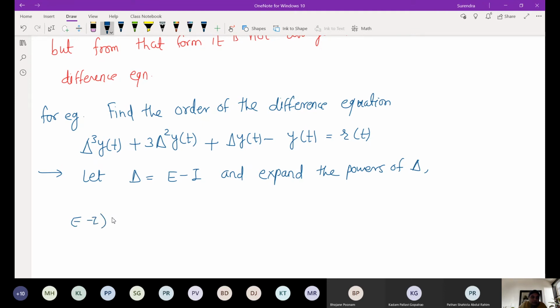(E minus I) cube, all operated on yt. First I will write: (E minus I) cube plus 3 (E minus I) square plus (E minus I) minus I.